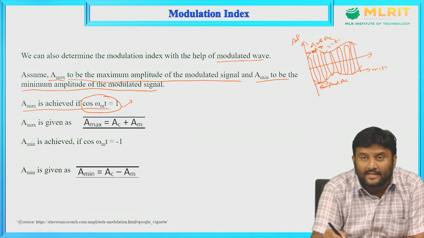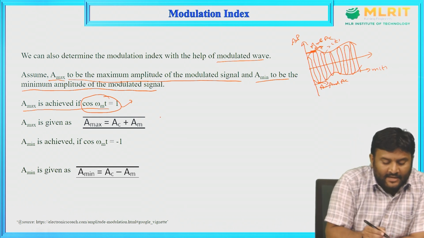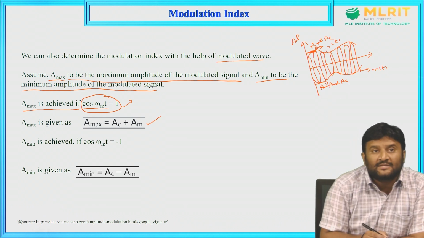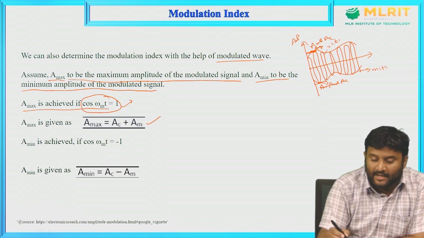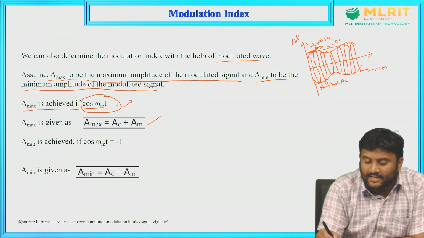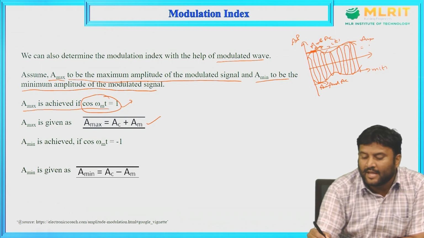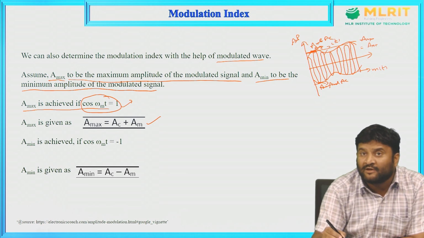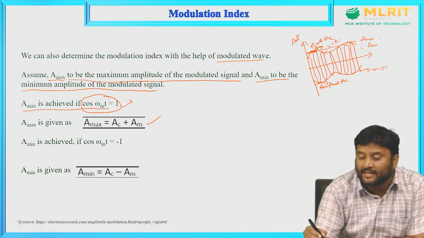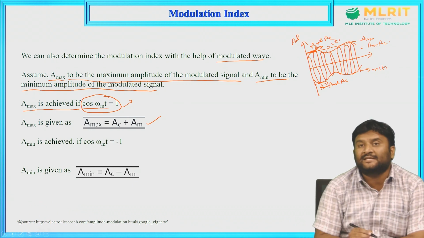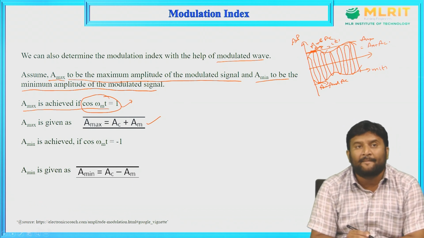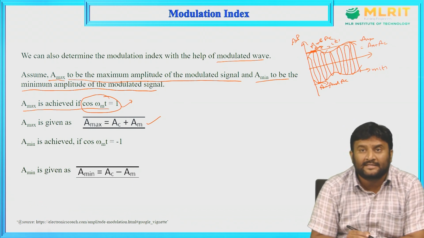That's why AC plus AM is nothing but the maximum value. Remember it. The carrier amplitude is also following with the maximum amplitude of the message signal. That's why AM plus AC is the maximum amplitude of the modulated signal.